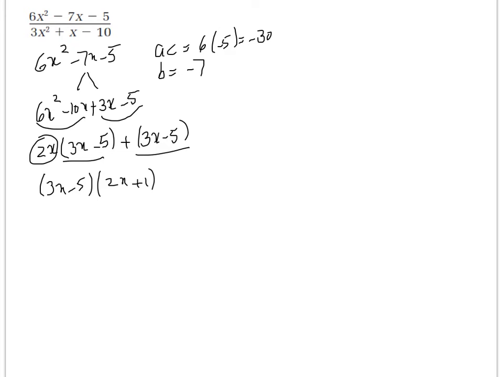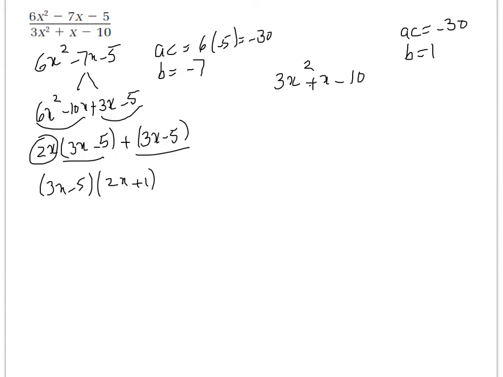The next one, which is the denominator, is 3x squared plus x minus 10. In this case, we know that AC is 3 times negative 10, which is negative 30, and B is equal to 1.